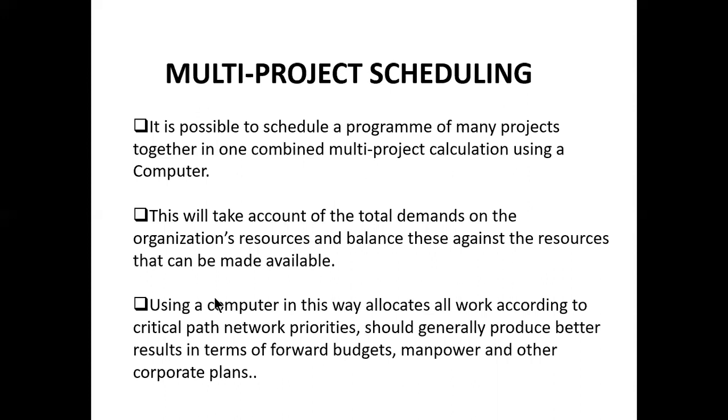This is where you need the computer to assist you to schedule these resources without difficulties. Looking at the third point, which is very critical here: using a computer in this way allocates all work according to the critical path priority, and should generally produce better results in terms of forward budgets, manpower, and other corporate plans.